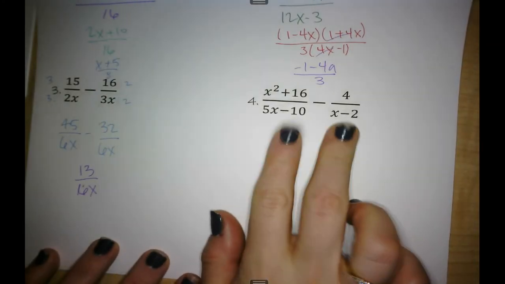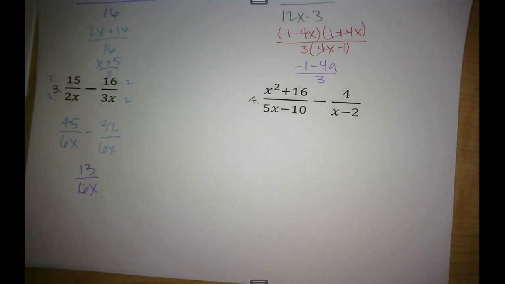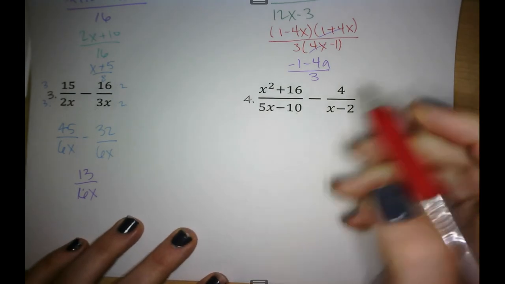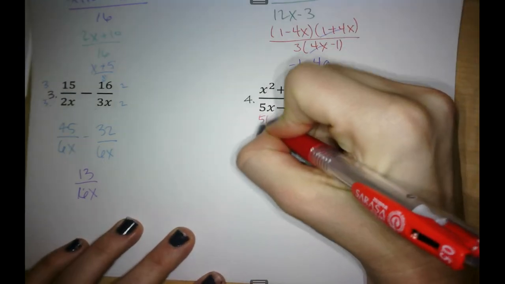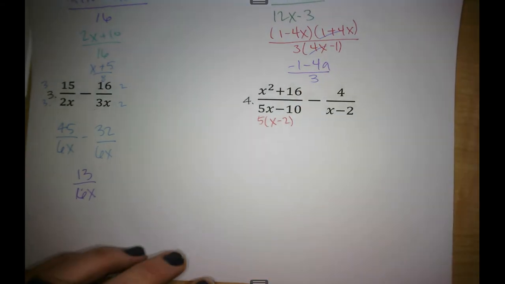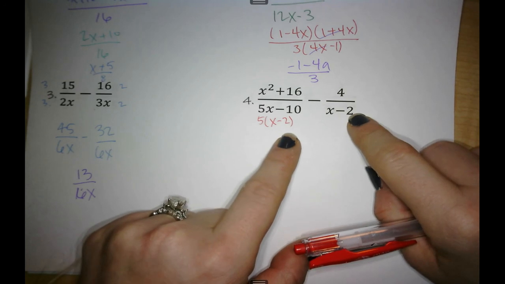All right, here. This one's a little bit complicated because I can factor this denominator into 5 times x minus 2, because I can pull a 5 out of both of those. So now both of my denominators have an x minus 2 in them.